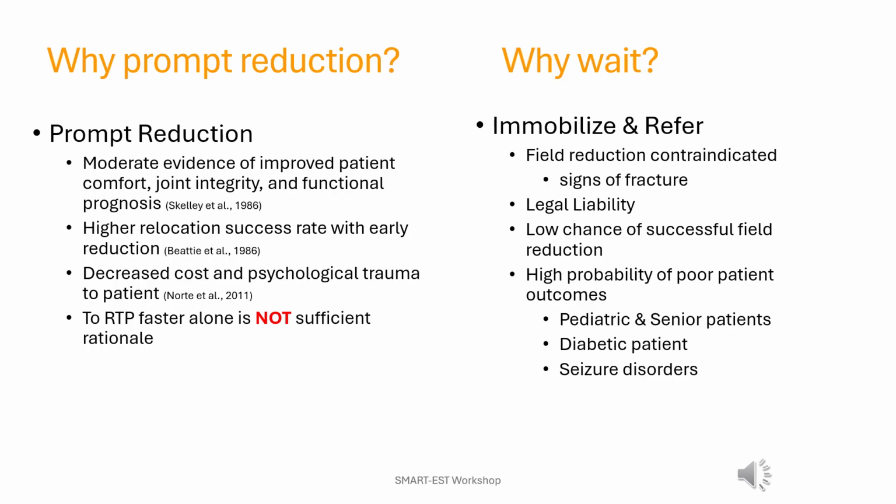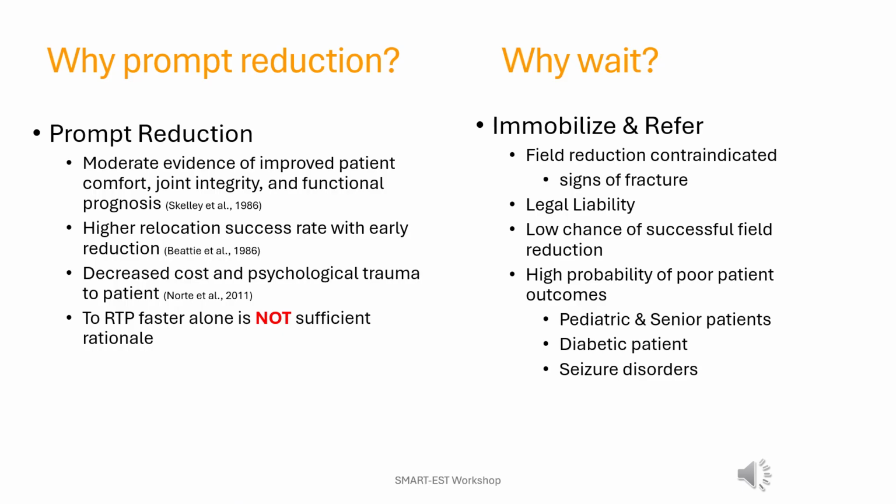So then why should we wait? And we mobilize and refer. First of all, if we feel that a field reduction is contraindicated, such as with signs of a fracture. The legal liability. What are the guidelines for your institution and organization? They may have said you do not attempt joint reductions, and thus they want those managed at the emergency care facility, which would transfer that liability risk to that group.